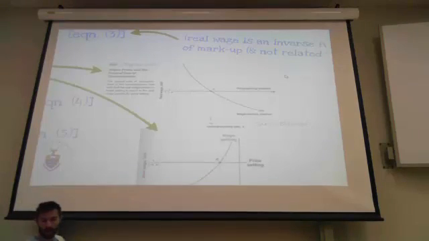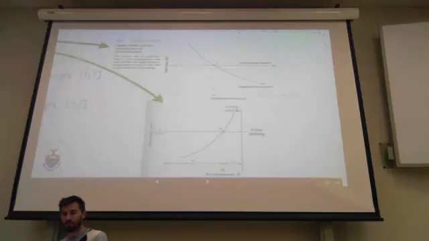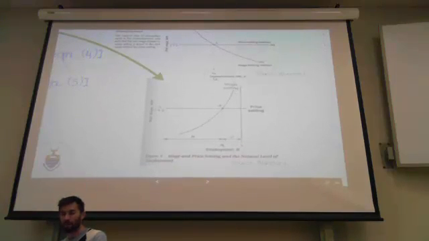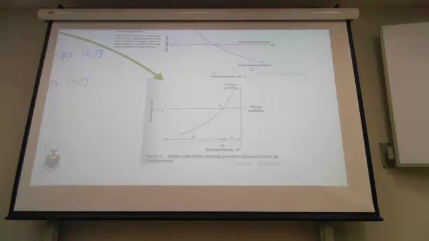Whereas the wage setting relation from the laborer's side is downward sloping. In other words, as the unemployment rate increases, the wage that people are willing to accept decreases. If we then invert this, and instead of plotting the unemployment rate, we plot the employment rate, what do we have? As the employment rate increases, the wage that we accept increases. And so we have an upward sloping labor supply curve.